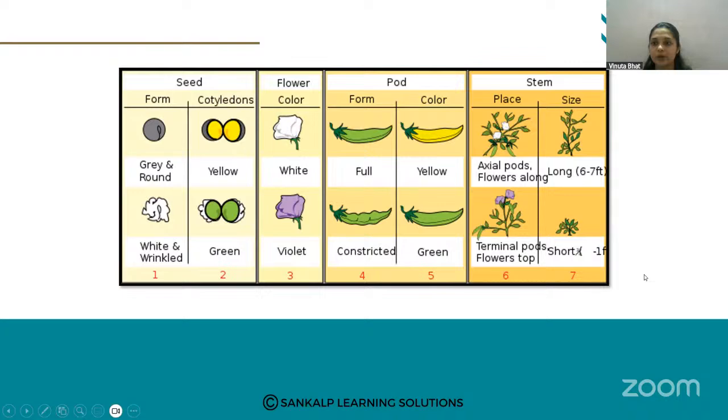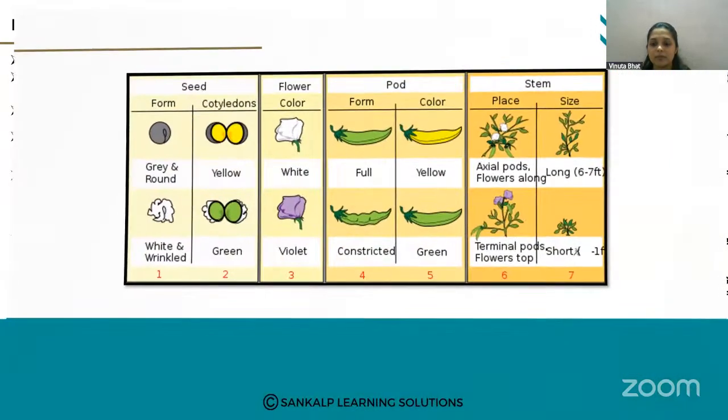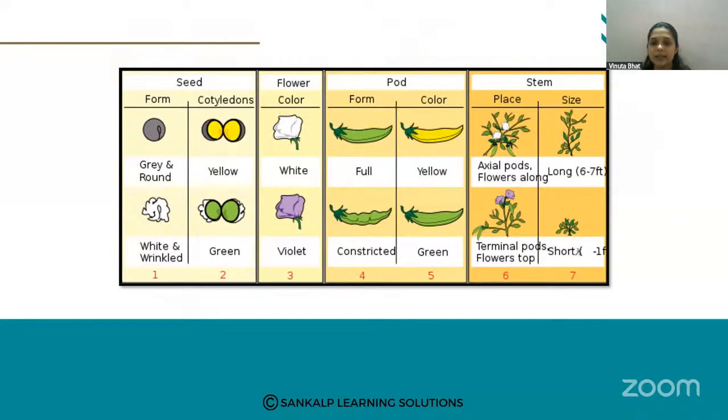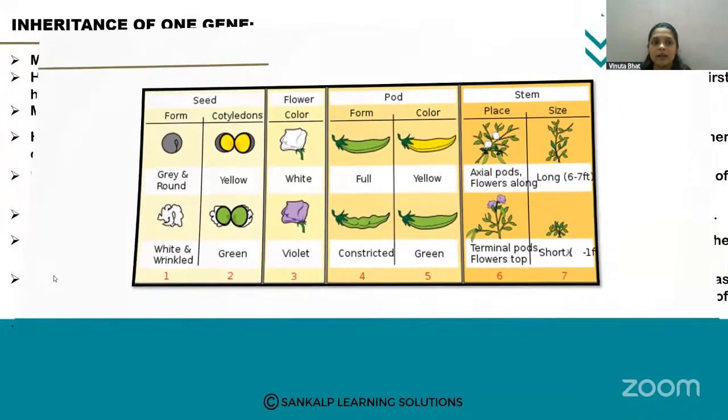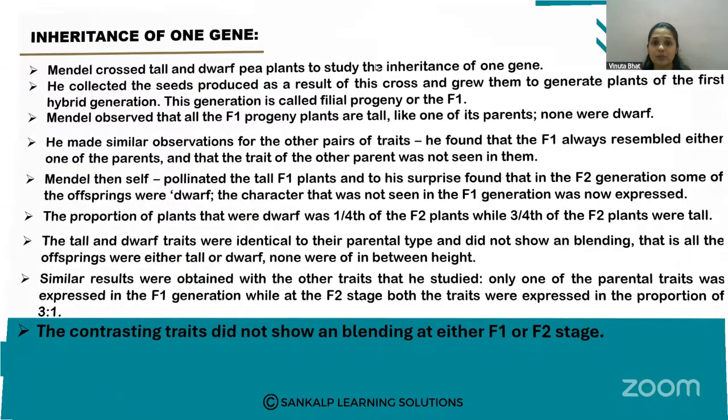So, very important for your exam, Mendel studied the inheritance of one gene. Okay, so for this experiment, Mendel crossed tall and dwarf pea plants to study the inheritance of one gene. Very important for your exam.